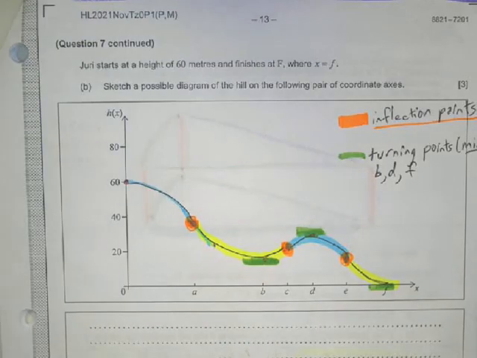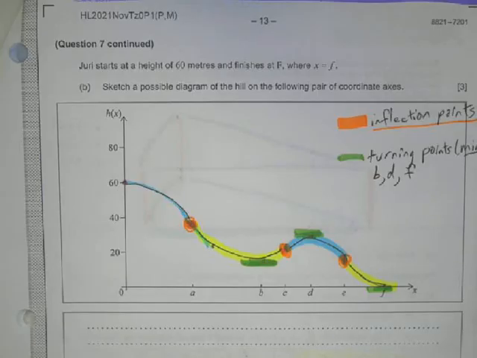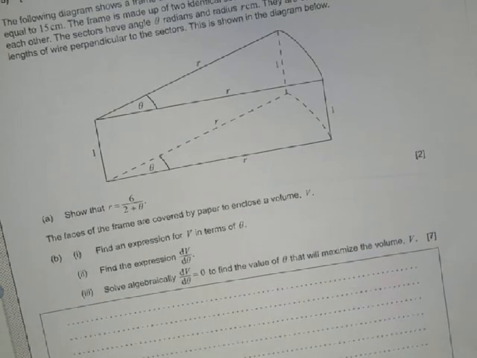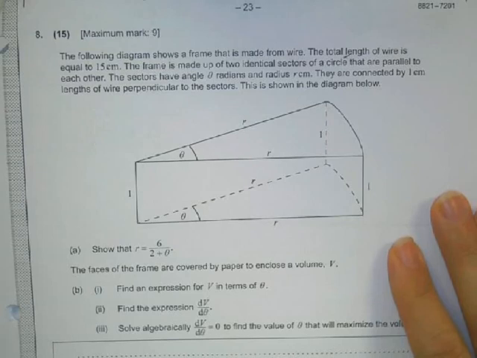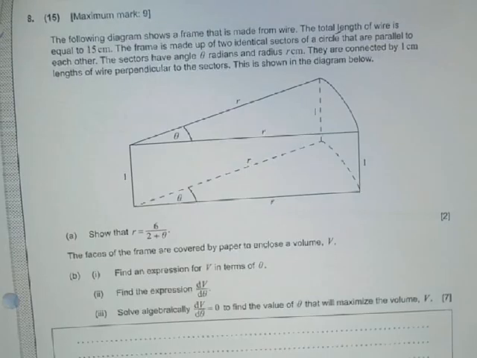Okay, last one. I'm going to rewrite this. Okay. This is not a piece of cheese, it's a piece of wire. Okay? So we have wire that's equal to 15 centimeters long.